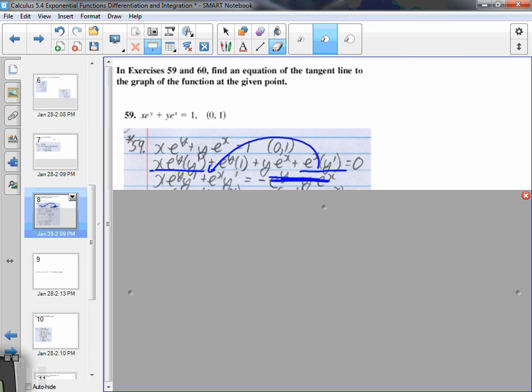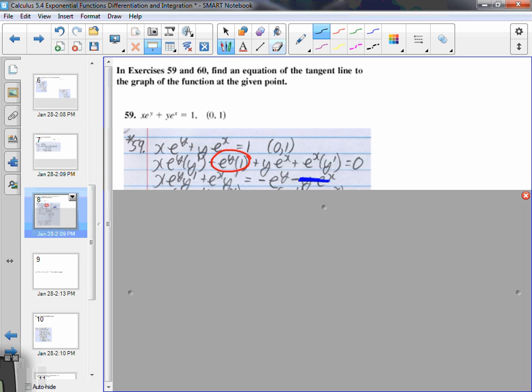All right? Now, to save a line of writing, I'm going to do two things at once here. E to the y times 1 is just e to the y. If I'm going to solve for y prime, don't I want all the other terms on the other side of the equation? So I'm going to change that to e to the y, and then I'm going to subtract it from both sides, so it shows up on the other side as negative e to the y.